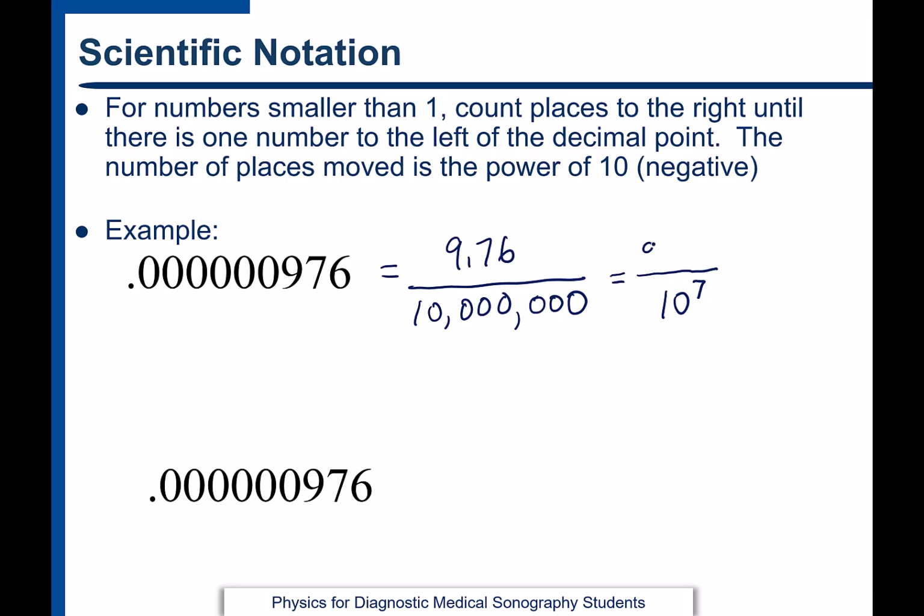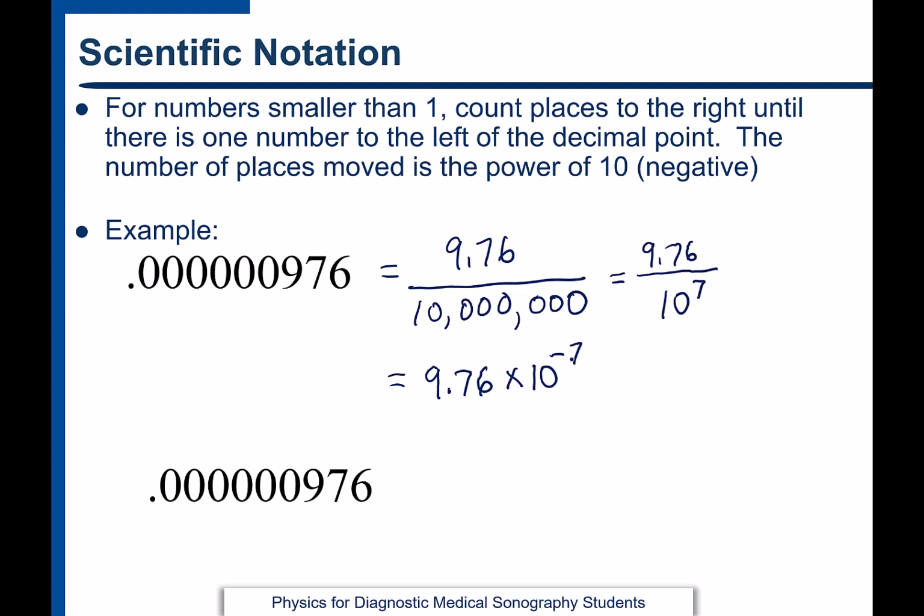So that's the same as 9.76 divided by 10 to the 7th. But we know that if I've got that exponent in the denominator, I can also write that instead in the numerator, but with a negative value. So 9.76 times 10 to the negative 7th.